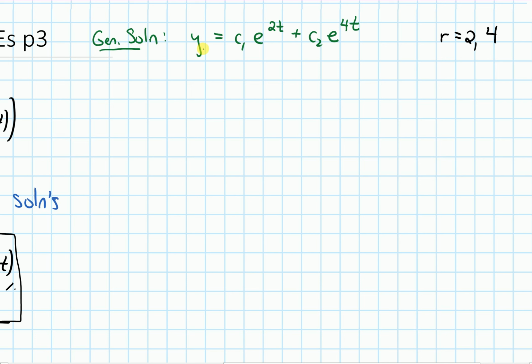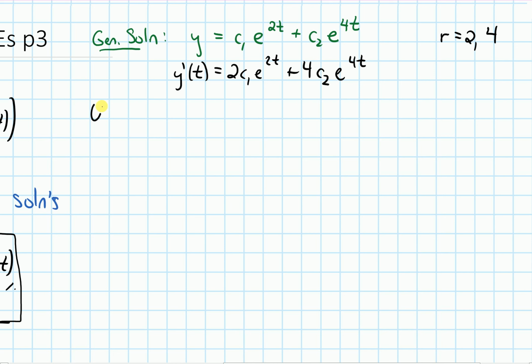Okay, but in this problem, we're not done here because we were given those initial values, and we need to use those to figure out what these coefficients, c1 and c2, are. So I'm going to take the derivative of this because one of our initial values involved the derivative. Taking the derivative, using the chain rule, we'd get 2c1 e to the 2t plus 4c2 e to the 4t.